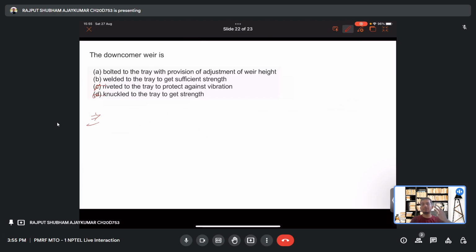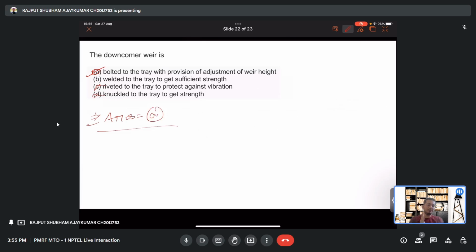The downcomer allows the liquid to flow from one part of the tray, from the above tray to the below tray. The weir is a vertical plate which allows the liquid to flow from above to the bottom of the downcomer and to the second downcomer. So it is bolted to the tray. The correct answer is A actually: bolted to the tray with provision for the adjustment of the weir height.